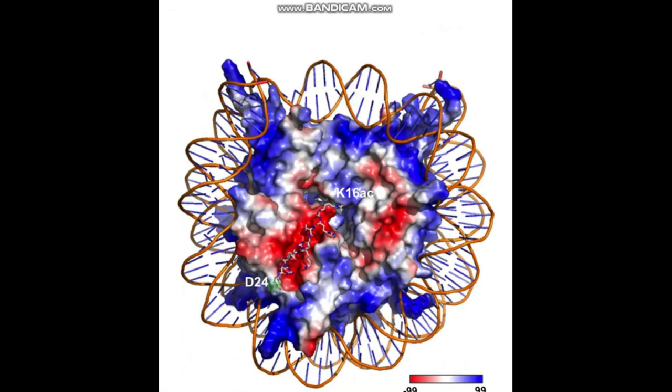And again, what they've generated here is an electrostatic potential surface. So remember, blue corresponds to regions of positive potential, and red corresponds to regions of negative potential. And you can see round the outside of this core particle, it's overwhelmingly blue.